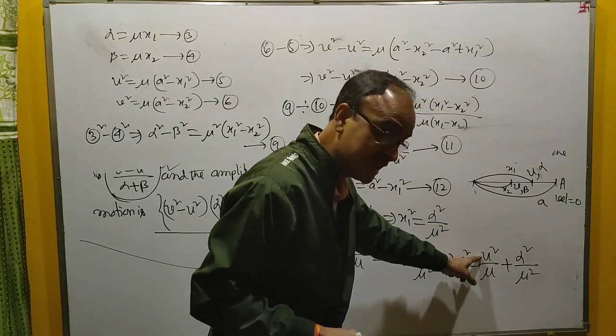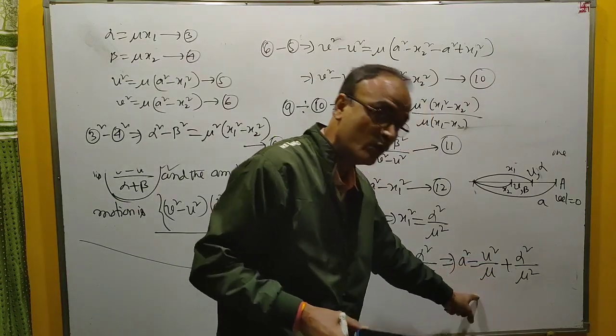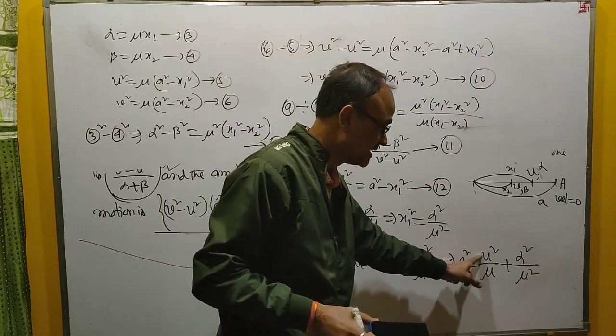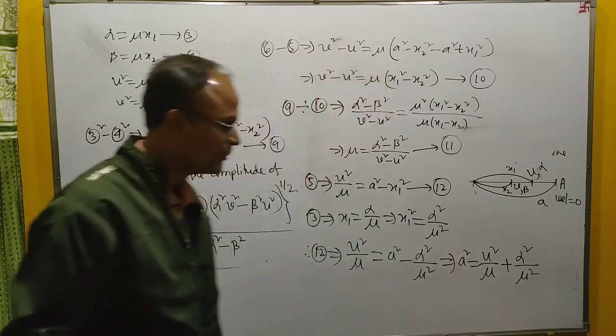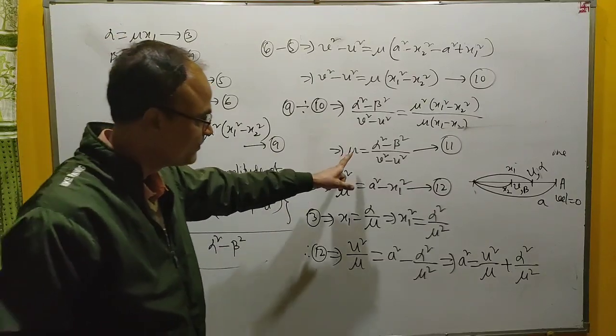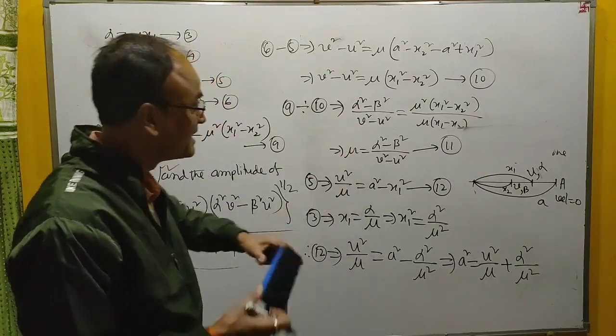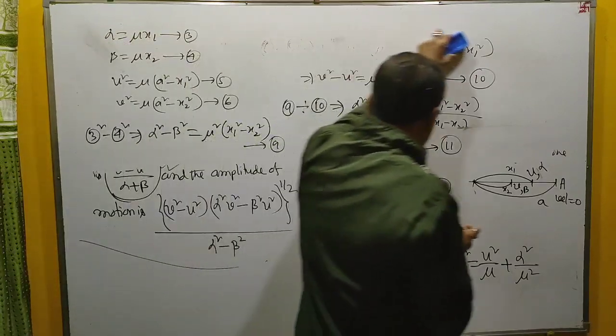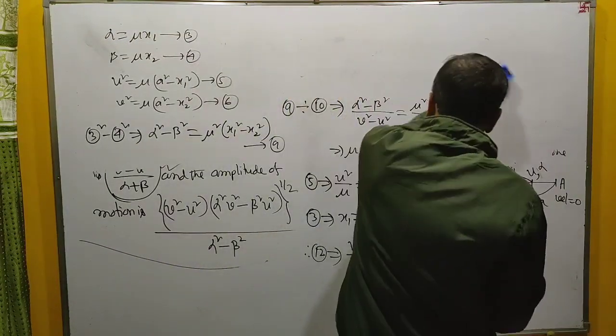In the numerator it is u and in the denominator it is mu. Now you may put the value of mu here from 11.